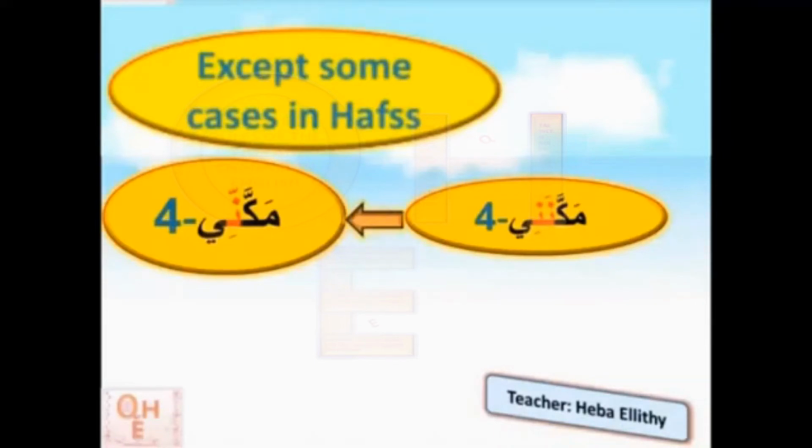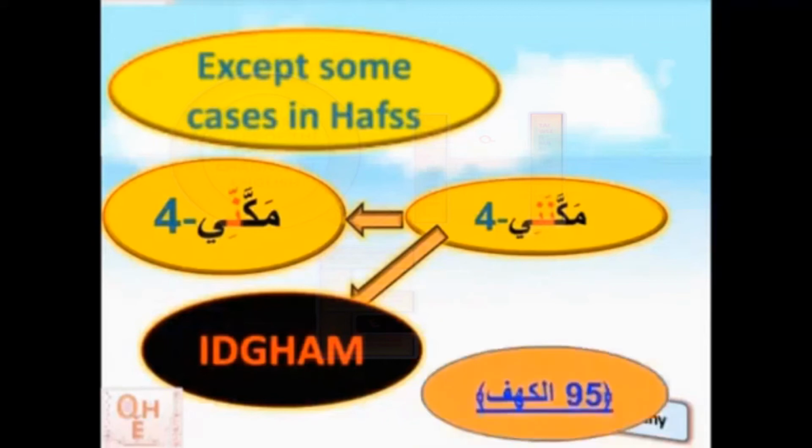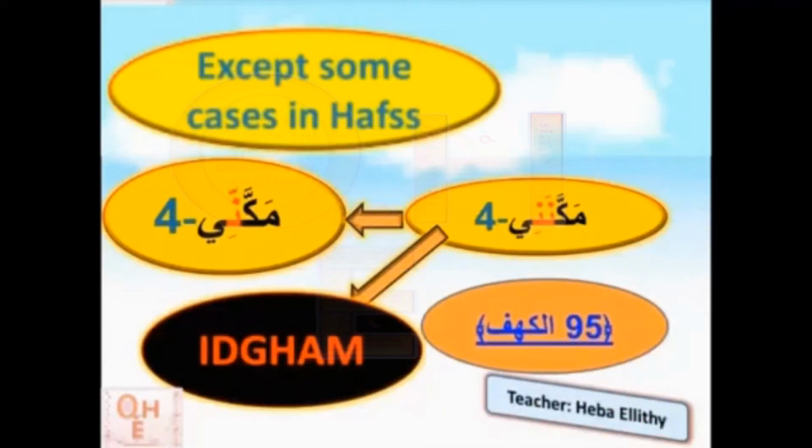The Quran comes for us as it is, but we just explain what we see in the Quran. So here what happened? We make idgham instead of izhar. We don't make makkanani in the main rule. We go for the exception here and we make idgham. This is in Surah Al-Kahf, verse 95.